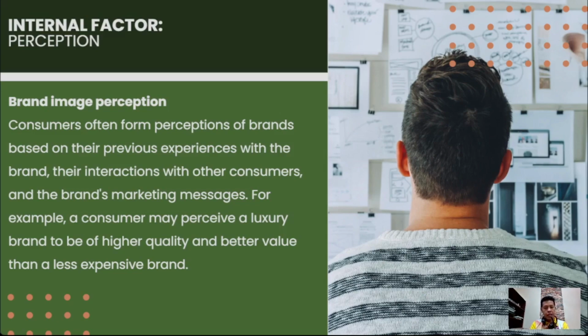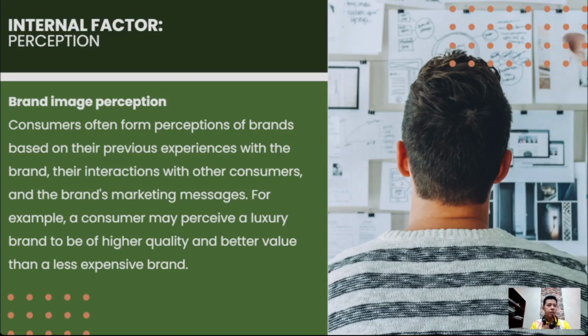In this kind of perception, consumers often form perceptions of a brand based on their previous experiences with the brand. For example, a consumer may perceive a luxury brand to be of higher quality and better value than a less expensive brand.